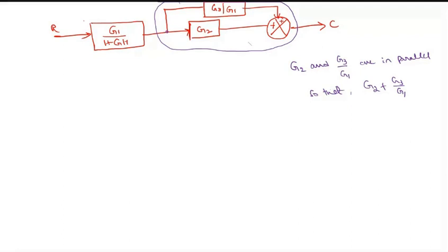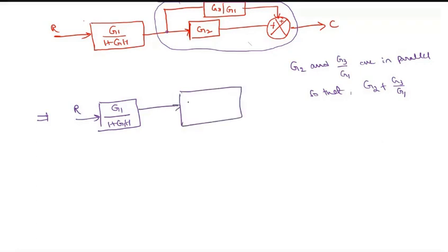That is the resultant. Now, if you incorporate this instead of this block, the resultant will be written as follows. The feedback loop is common, that is G1 by 1 plus G1 into H. The input is R. Here the entire resultant can be written as G2 plus G3 by G1. Here the summing point is eliminated because this will be parallel only.